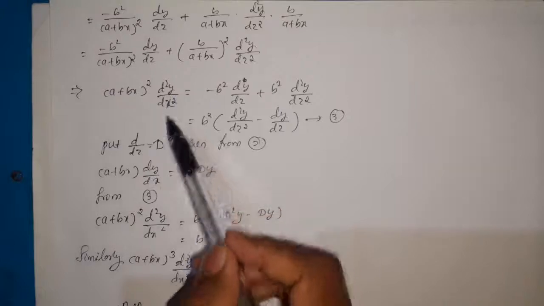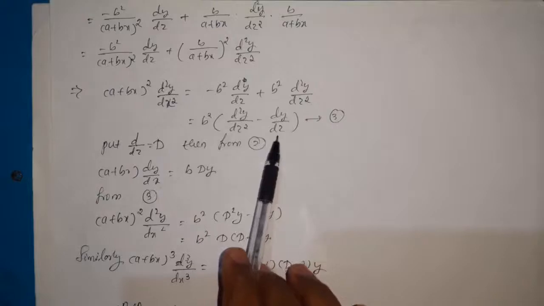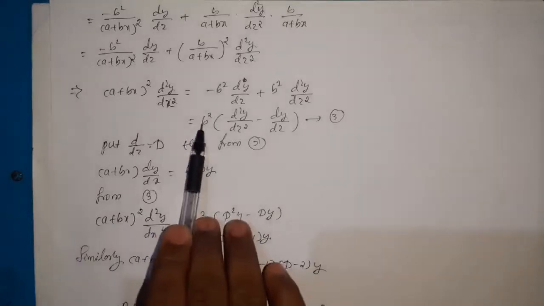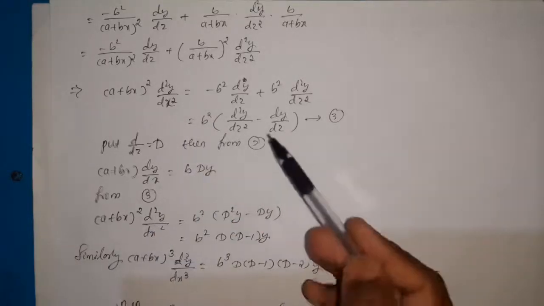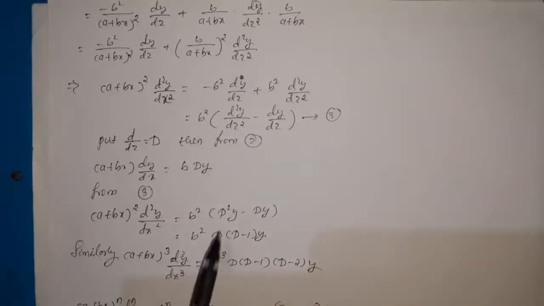So a plus bx whole square into d square y by dx square is equal to b square into d square y by dz square minus dy by dz. That is the second order derivative, so it becomes D square y minus Dy. Taking D and y common, we get D into D minus 1 into y.